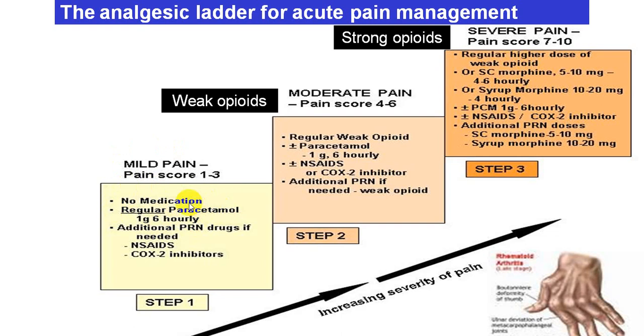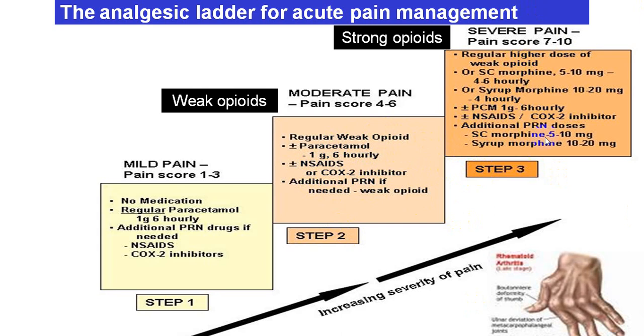And then if it is not cleared by paracetamol, you can use a selective COX-2 inhibitor. If a person has moderate pain, you can utilize weak opioids like codeine, or you can utilize, sorry, not fentanyl, Fortwin. You can use a selective COX-2 inhibitor. You can use a combination of paracetamol with weak opioid property.